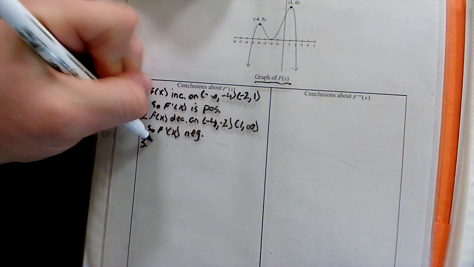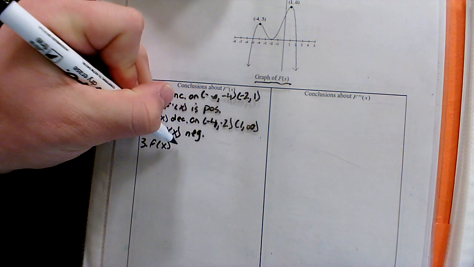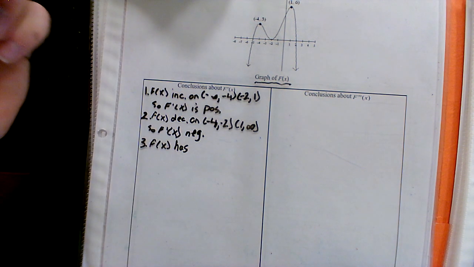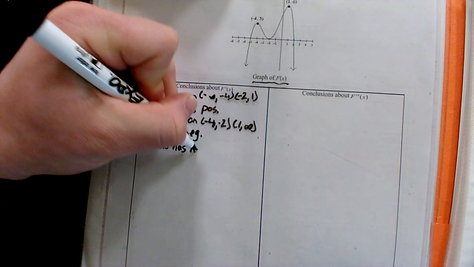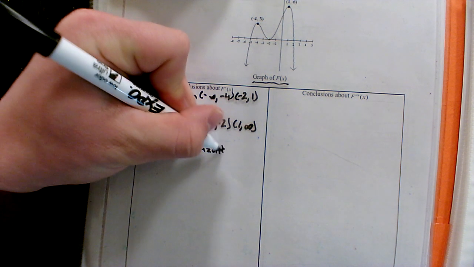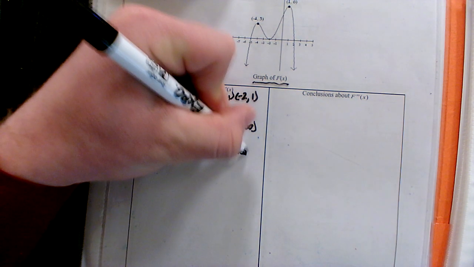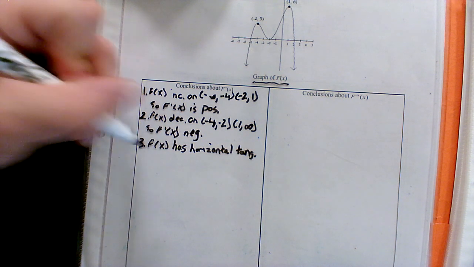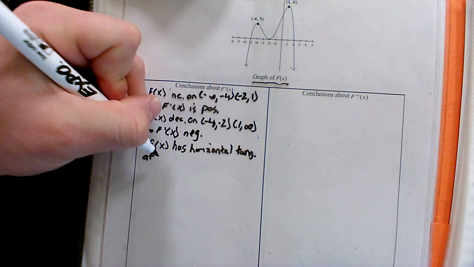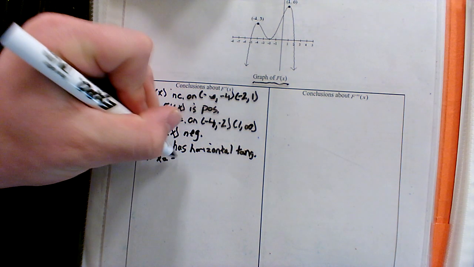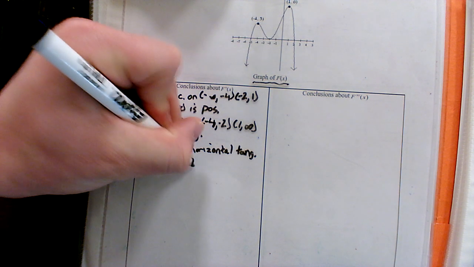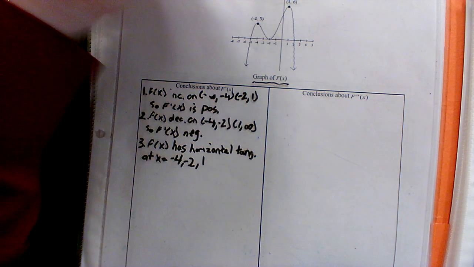Let's look at this one. So f of x has horizontal tangents at x equals negative 4, negative 2, and 1.